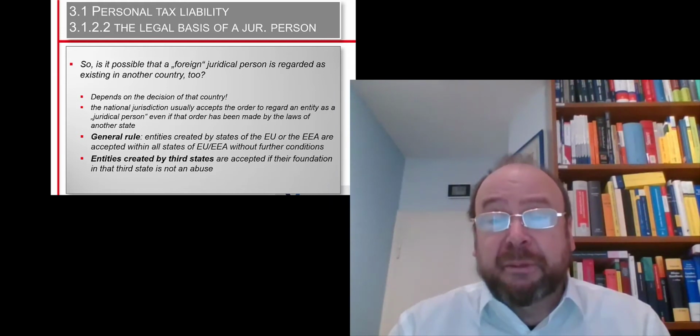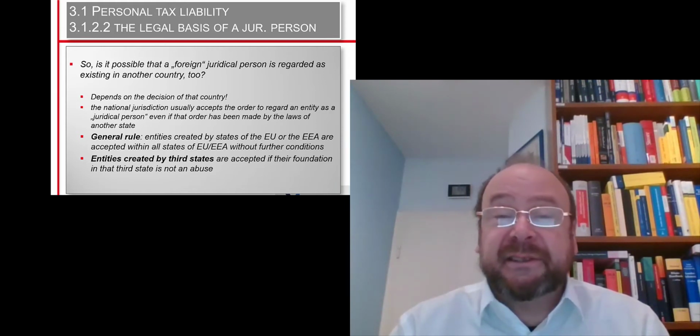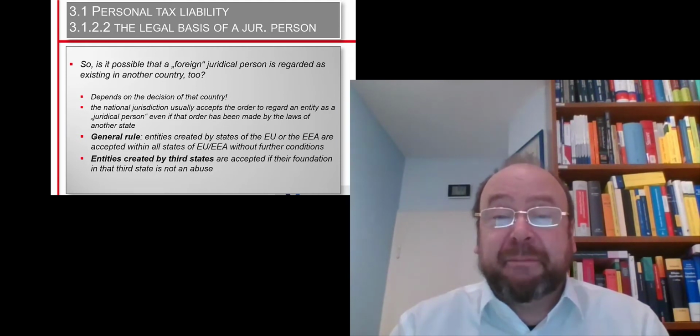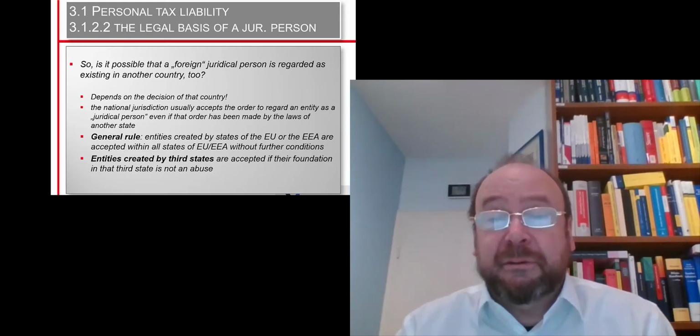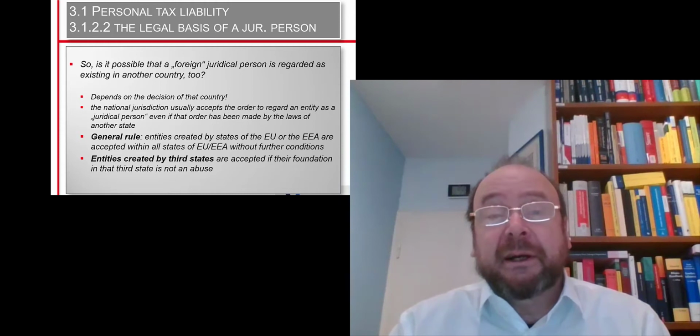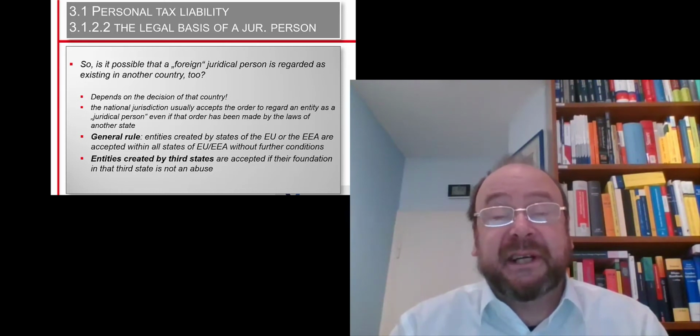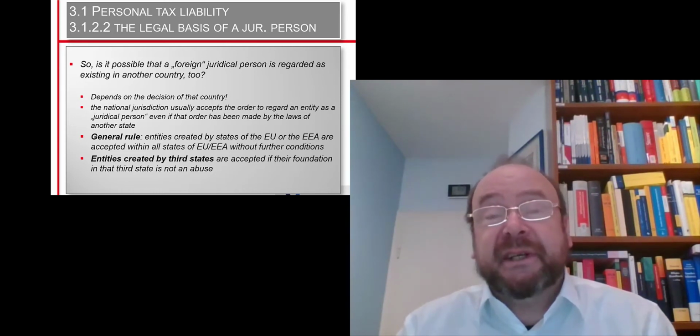So the German idea would be where that company is genuinely based economically, where the headquarters are. That is decisive for us. If the state where the headquarters are decides to accept this company as a juridical person, then we take over that idea. If the state where the headquarters are does not know or does not accept this legal type, then we say no.